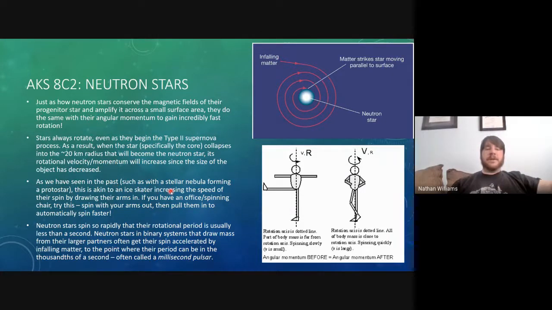If an ice skater is spinning around with their arms out and then all they do is pull their arms into their chest, then they will start spinning faster for no other reason. They're not kicking their feet to try and spin themselves up. It's just going to happen because their radius is reducing. And since velocity depends partly on that radius, the angular momentum has to be conserved, and so the velocity will increase.